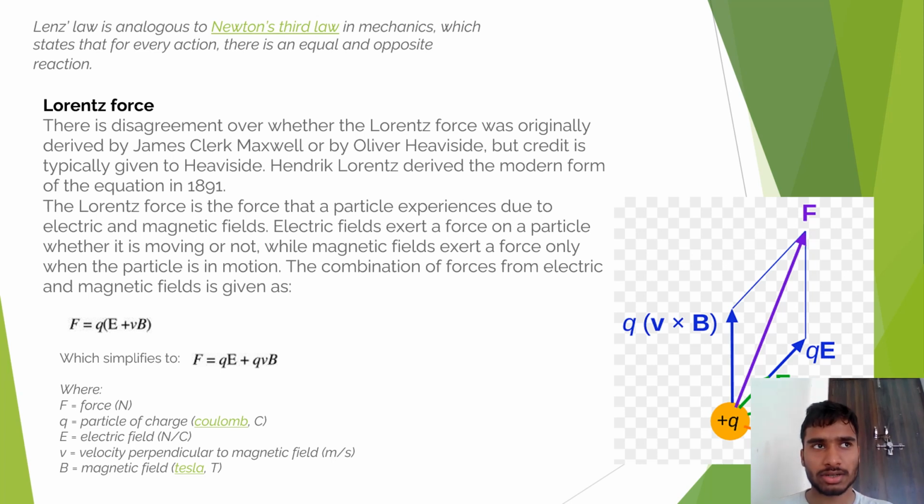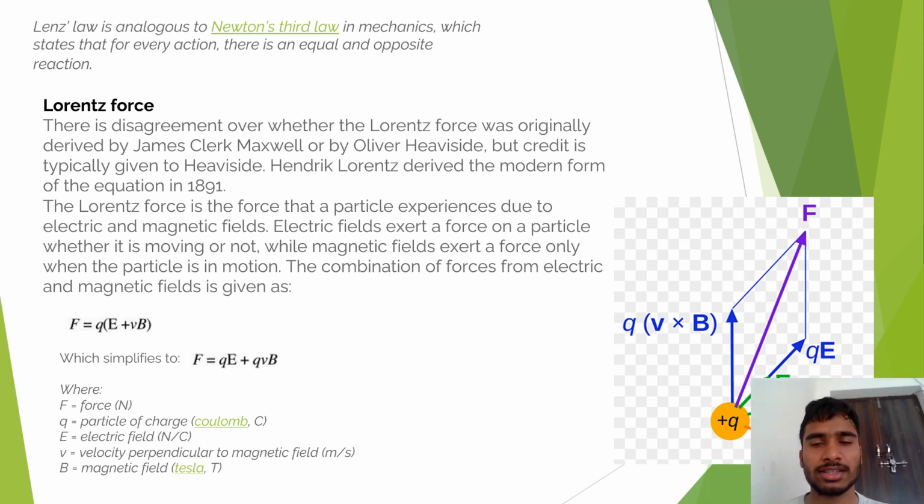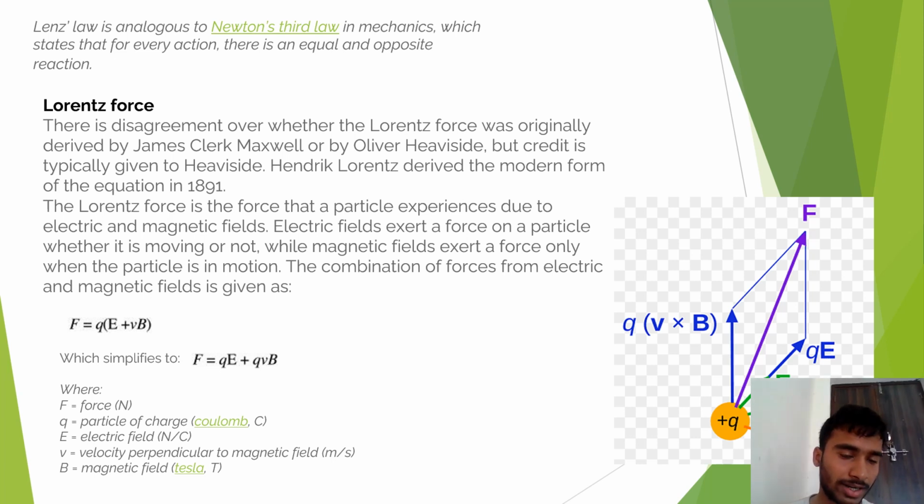It has its own reaction that keeps it constant. If you try to change the magnetic flux, it will try to keep the magnetic flux constant. The induced EMF always tries to keep the magnetic flux constant.